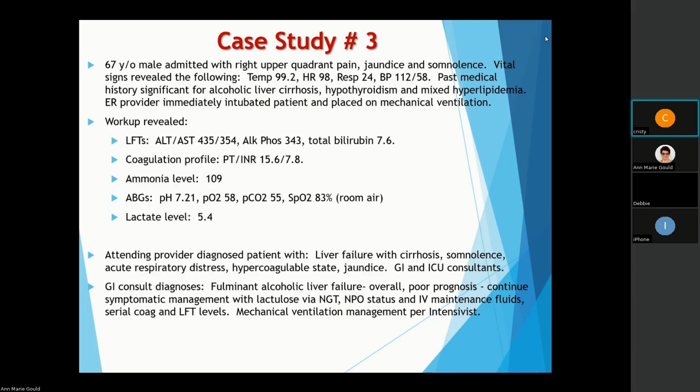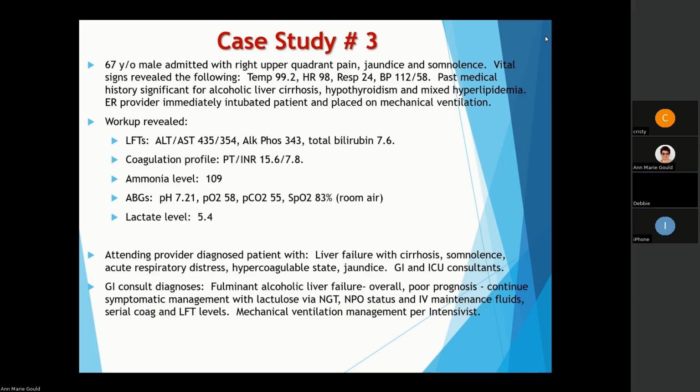So what is our primary diagnosis here? The liver failure with cirrhosis, right? So, any query opportunities? Your coagulopathy, for sure. But there's no bleeding, right?